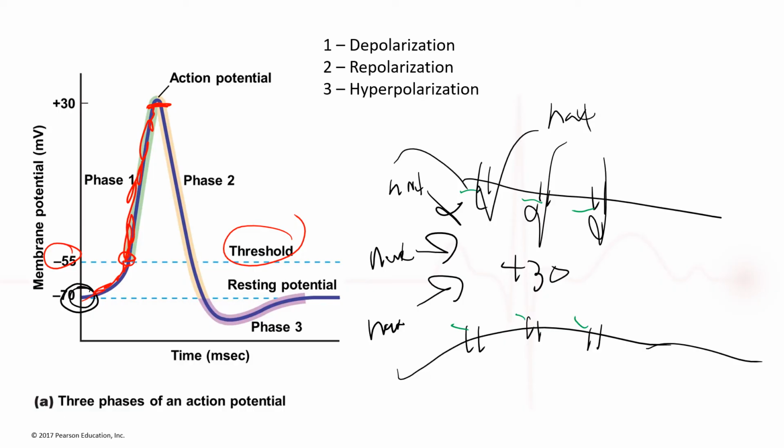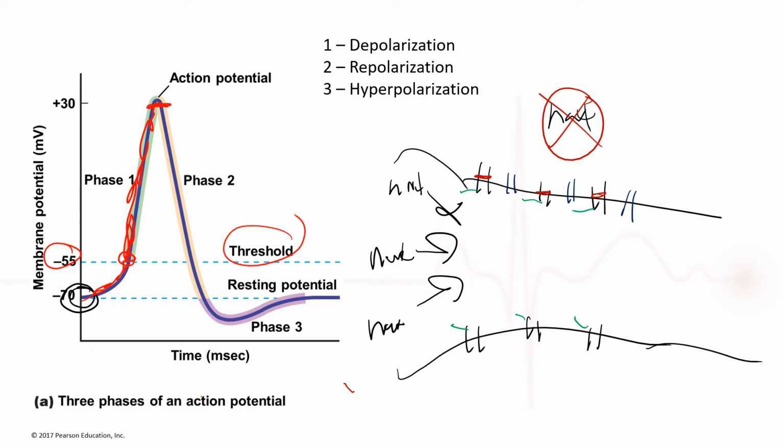And then, for some reason, we get stuck at positive 30 millivolts. How could that be? Well, we get stuck at positive 30 millivolts for two reasons. The inactivation gates on the voltage-gated sodium channels shut. That prevents any more sodium from being able to come in. Simultaneously, the voltage-gated potassium channels open up.